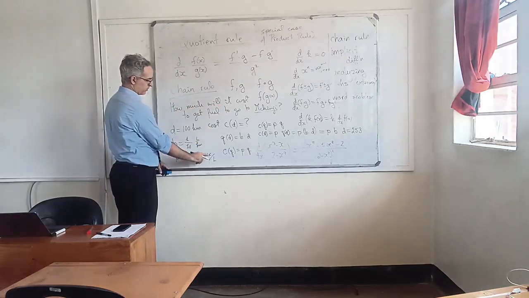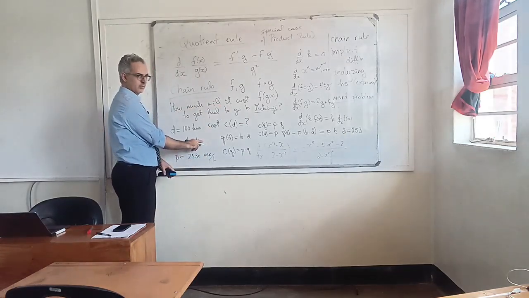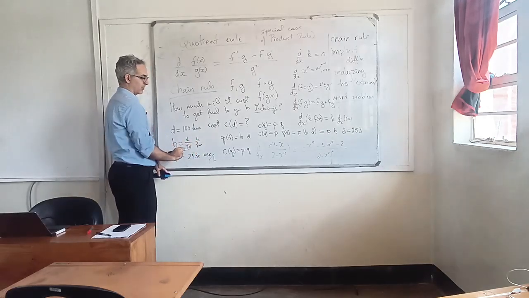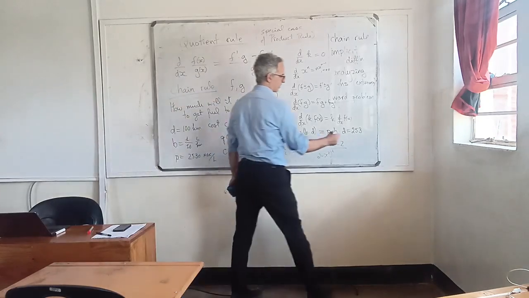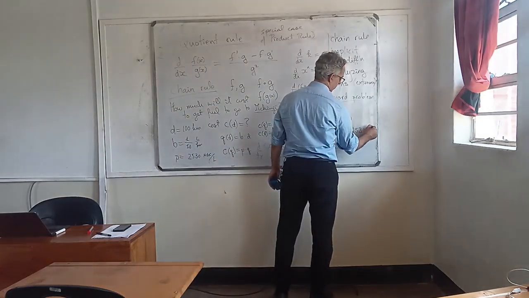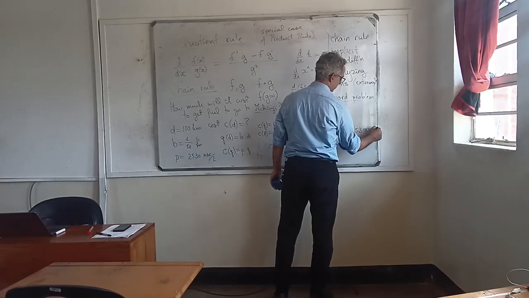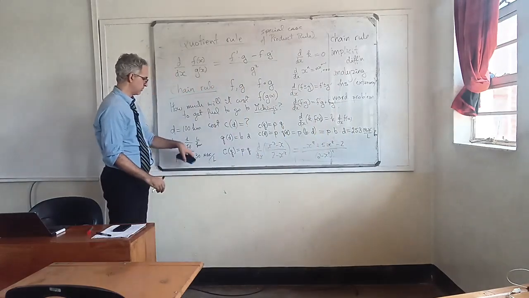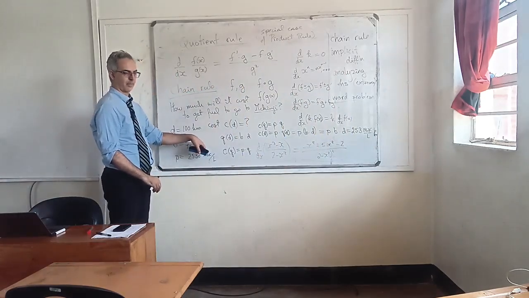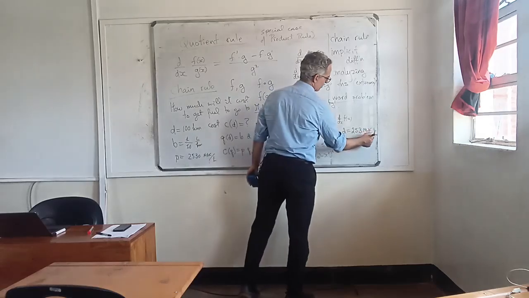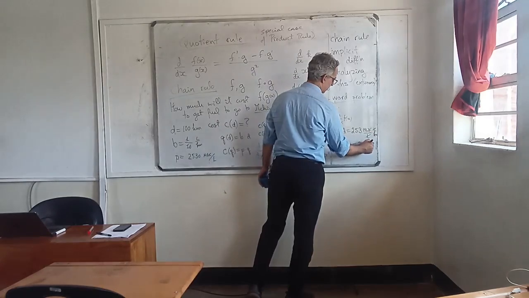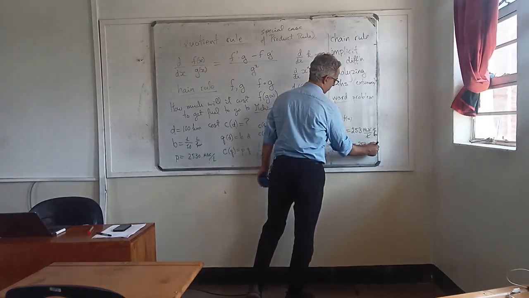And this unit times this unit: we have Malawian kwacha per liter times liter per kilometer. We take the units of P times the units of B, and the liters will cancel. So we're left with 253 Malawian kwacha per kilometer times the distance.